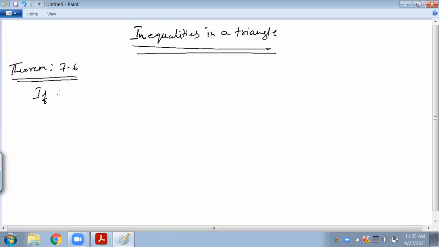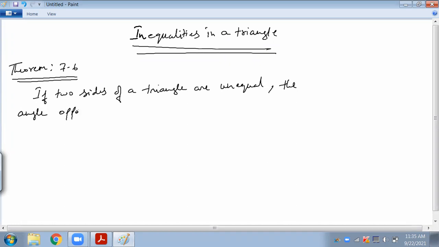If two sides of a triangle are unequal, the angle opposite to the longer side is larger or greater.